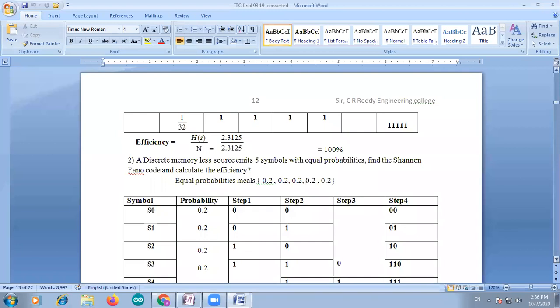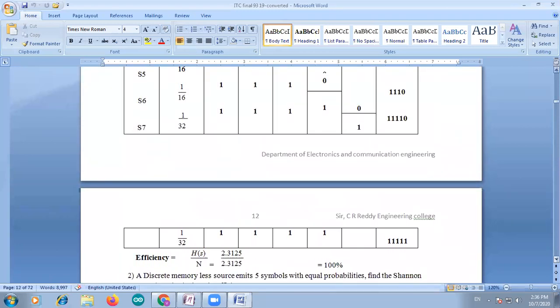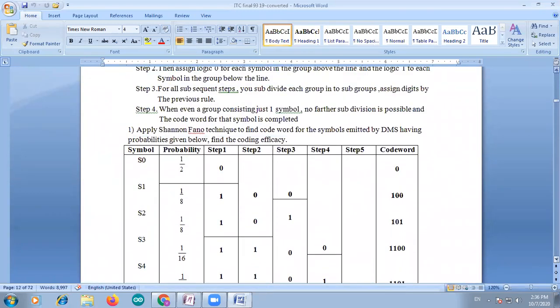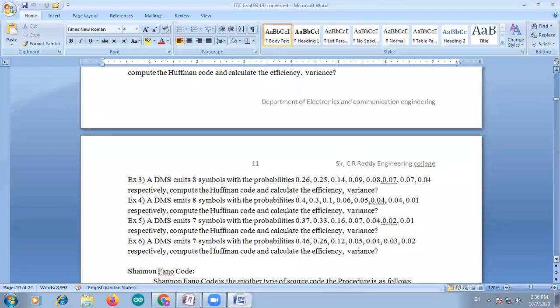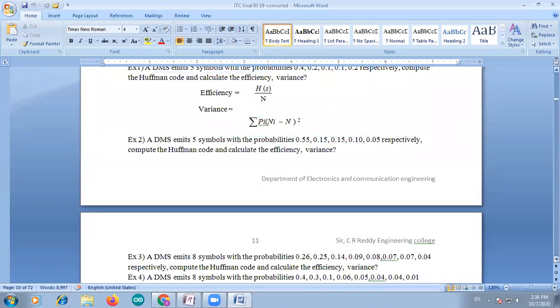So students, the problems you do with the Huffman code, the same problems can be exercised in the Shannon-Fano code also. Compare the efficiency calculations. So the Shannon-Fano code and Huffman code are completed.